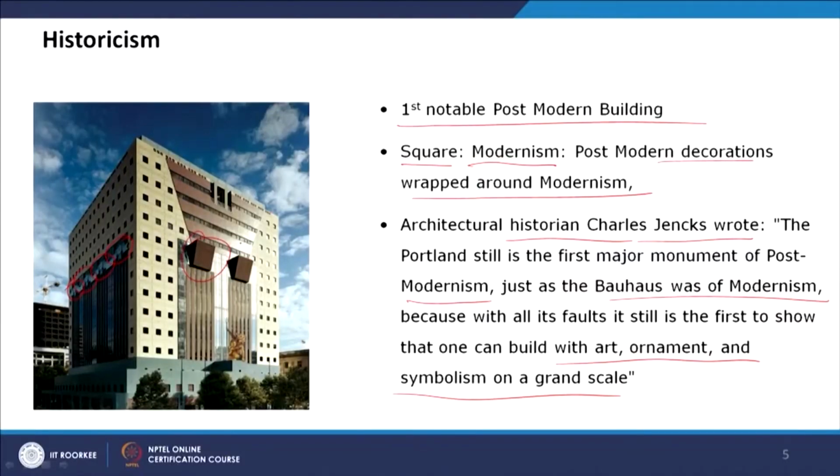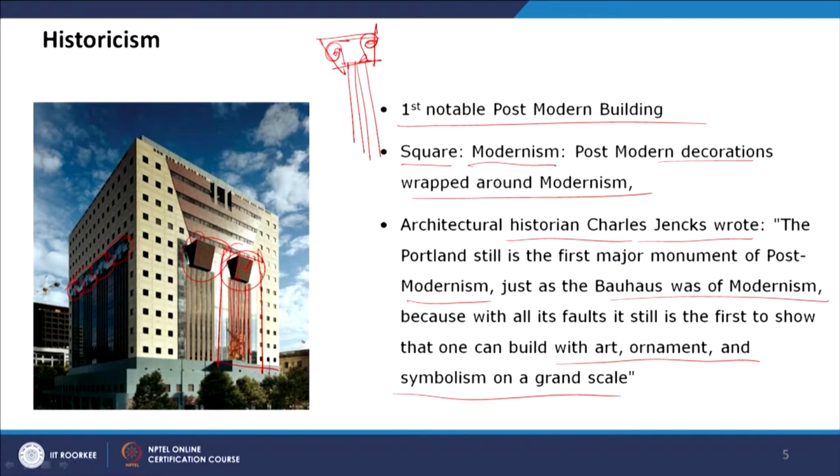If we look at these features, this looks like a column. This is the column capital, done in an abstract form, and these are the Ionic column flutes, and the Ionic column's capital is translated into a very modernist and geometric way.